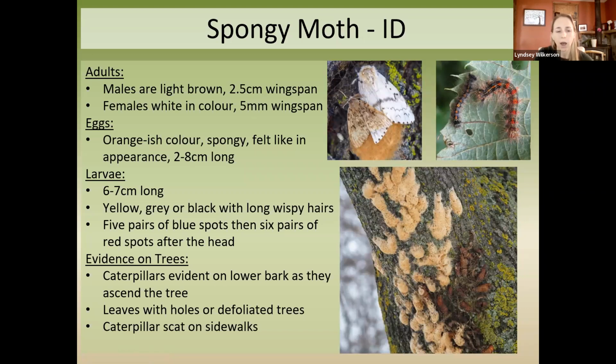The actual caterpillars can be yellow, gray, or black with these wispy hairs, but the pattern that's always the same is those blue spots and the red spots. And if you've ever seen an infestation of the spongy moth caterpillars, they are intense, just, you know, every centimeter almost covered in the caterpillars.